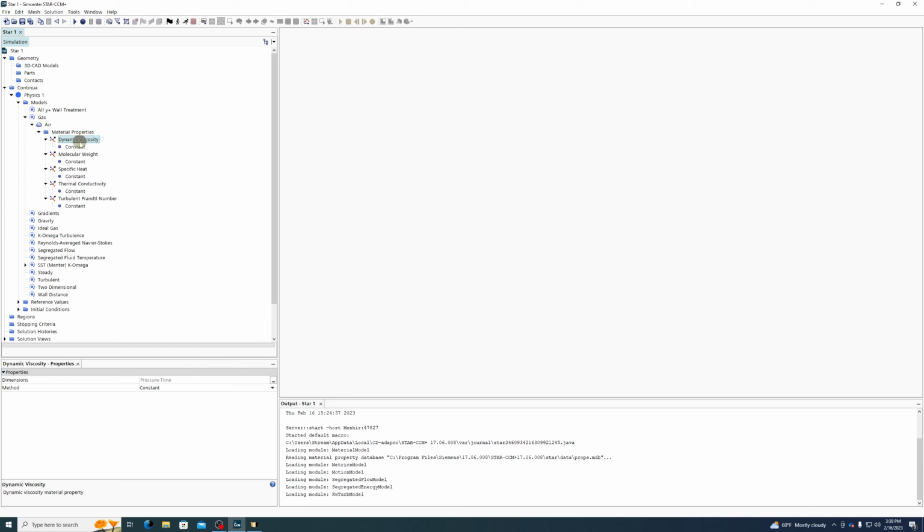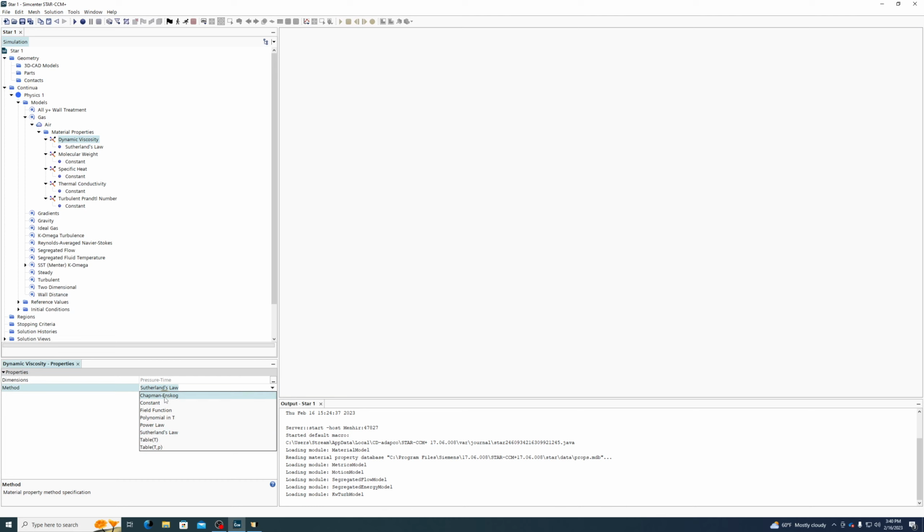So under material properties for air, instead of telling it, hey, this is a constant dynamic viscosity, you can tell it, I want you to use Sutherland's law to calculate the dynamic viscosity, where you can give it some constants for Sutherland's law, and it'll use those to calculate dynamic viscosity depending on temperature.